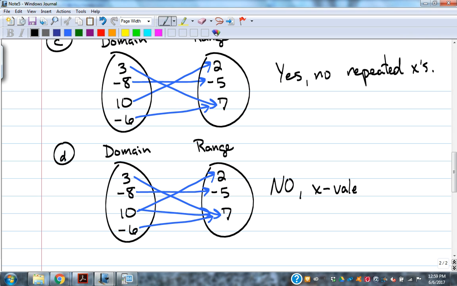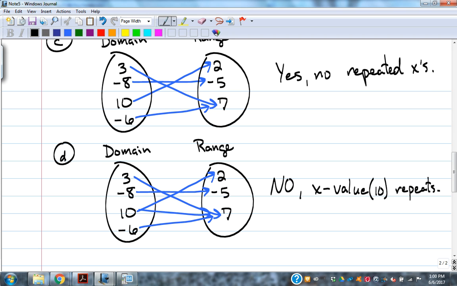The x value of 10 repeats. So that means it's not a function. So that's what you're looking for in a relation: are there any x's repeated? If there are, it's not a function. If they're not, like example C, where you got y values repeated, that's not a problem. Y values are okay. X values are not.